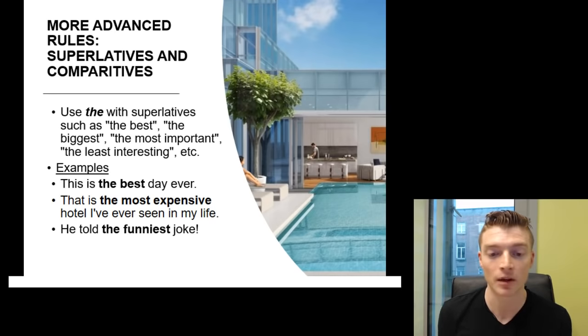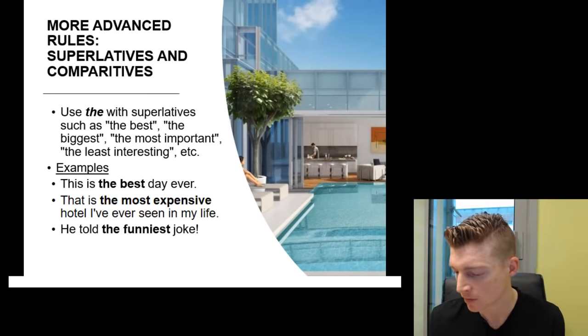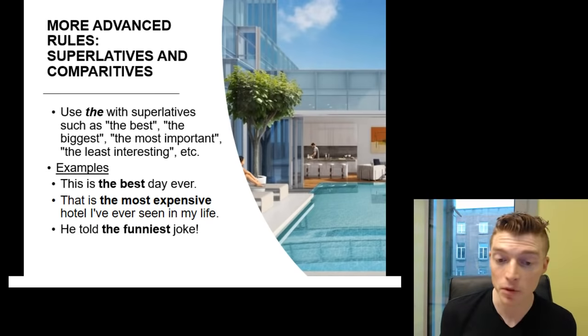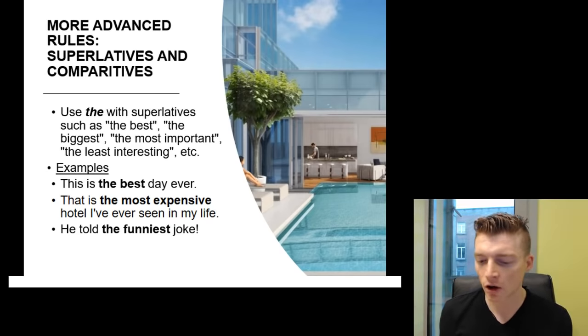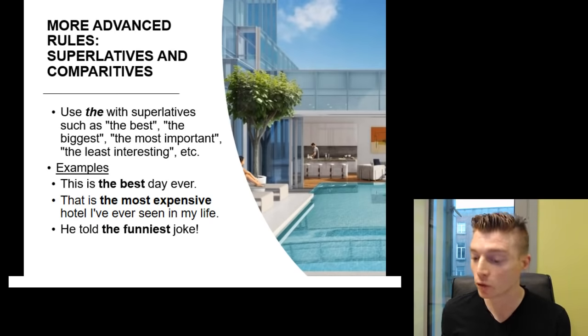So next time I'm in the restaurant, I'm going to order a bigger meal. Okay, if you're speaking specifically, maybe you're in an amusement park and you say, oh, I think I will try the bigger roller coaster. So just comparatives follow our normal rules with articles. With superlatives, we must use the.